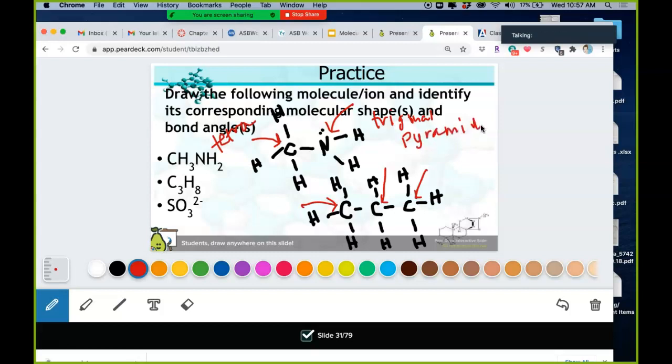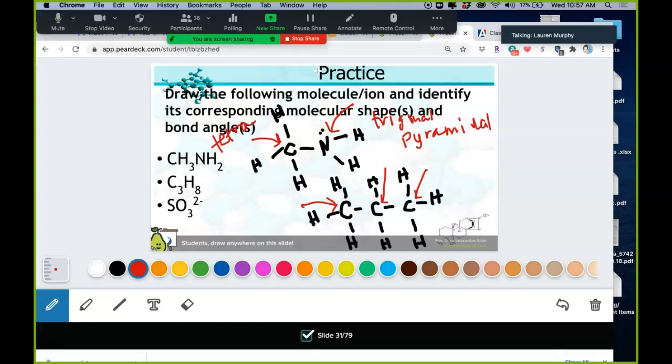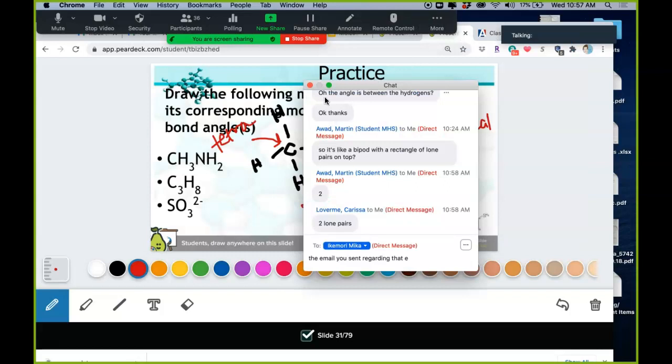Now be careful. Why is this not called T shape? This is very important. Why is this around the nitrogen not T shape? You're like, it looks like a T with a lone pair. T shape has to have how many lone pairs on the central atom? 2.